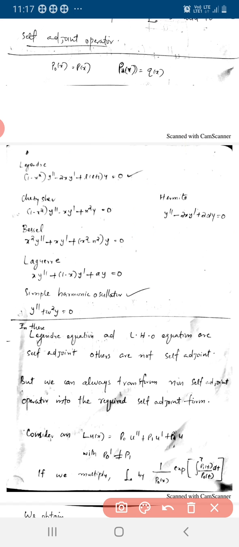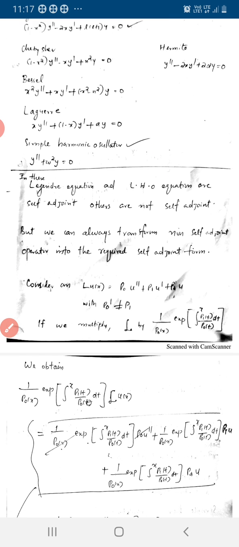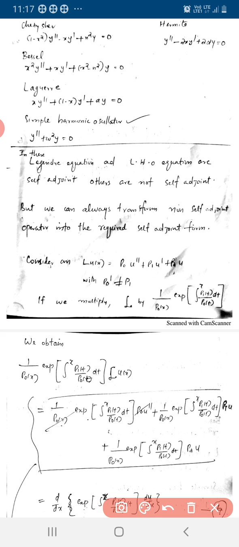So is there a way to transform a non-self-adjoint differential equation? We have a non-self-adjoint differential operator with us. Can we convert this into self-adjoint form? So we have Lu of x equal to P0 u double prime plus P1 u prime plus P2 u, with P0 prime not equal to P1.